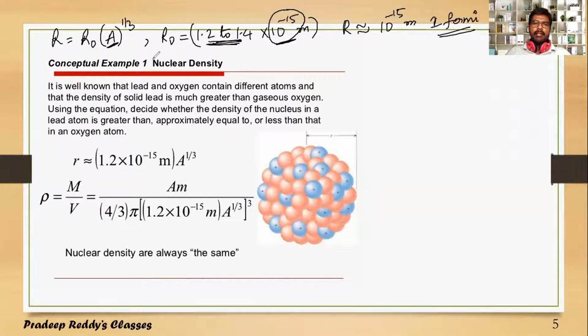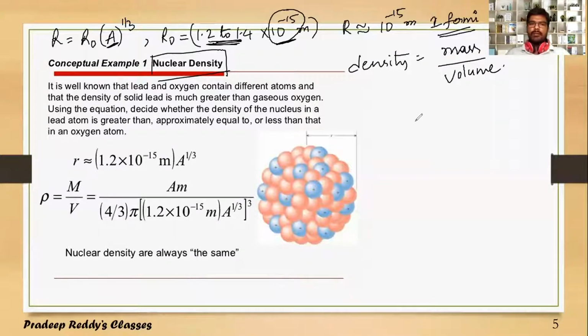And when we are calculating nuclear density, as we know, density is equal to mass by volume. Mass is the mass of the nucleus. Volume is the volume of the particular nucleus.